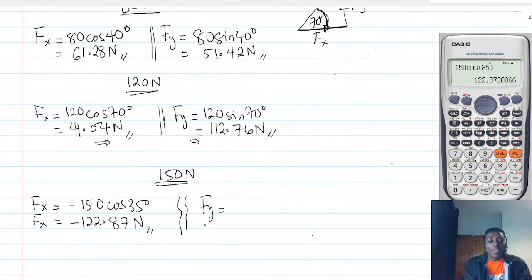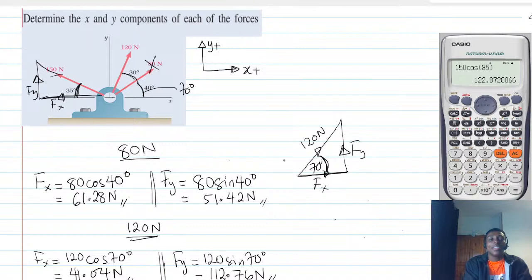And then Fy is going to be... so let's go back. So Fy over here, since the angle is opposite to the y, is going to be 150 sine 35. But you see that for this one, the y-axis is going up, isn't it? And now since the y-axis is going up, then it's going to be positive. All right.